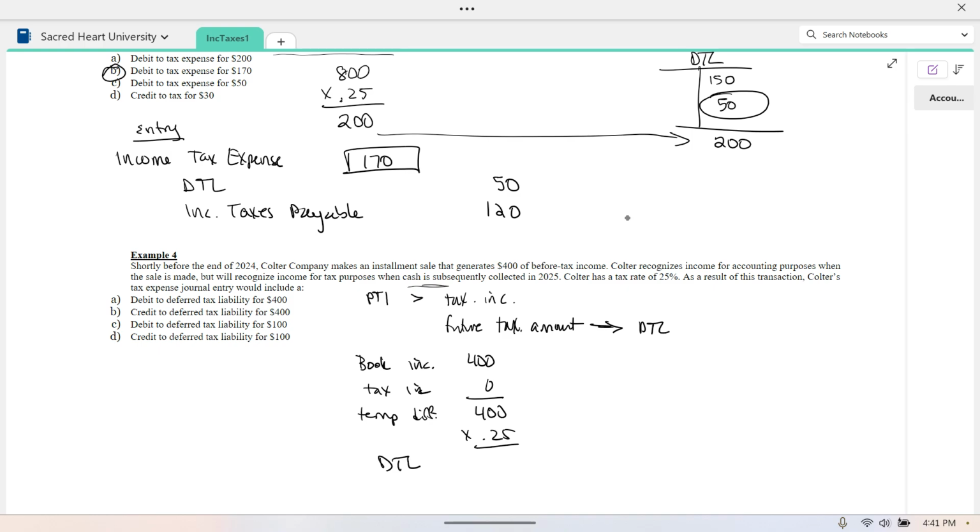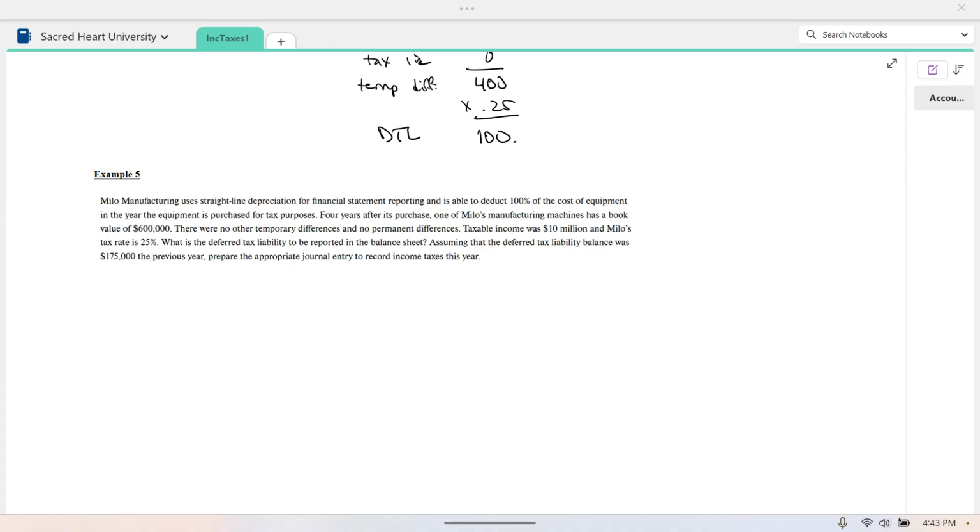We have a required balance in the deferred tax liability of 100. So we need to increase the deferred tax liability. This is the first year of this receivable, so there's no existing balance. We need a credit to deferred tax liability for 100.